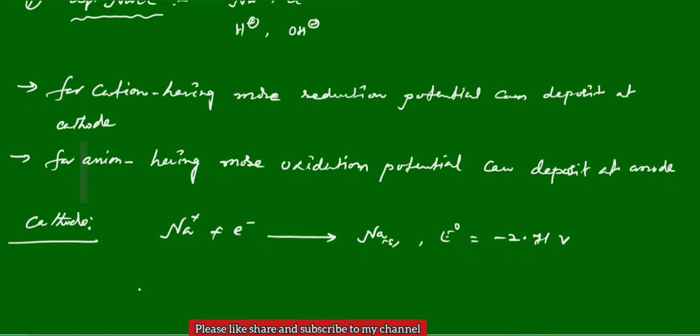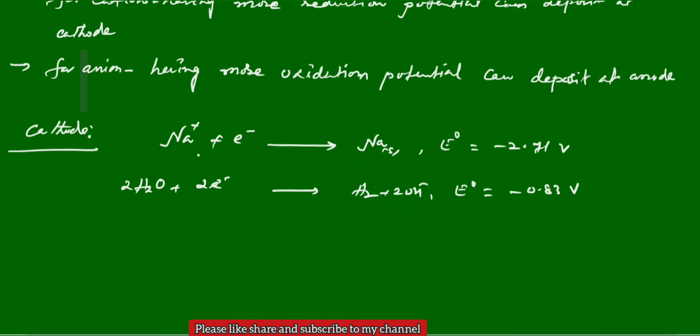Similarly, we have the cation hydrogen. For the liberation of hydrogen, the H plus can come from water. So water can take electrons and liberate hydrogen gas at cathode, where the reduction potential of water is minus 0.83 volts. So this is reaction 2.